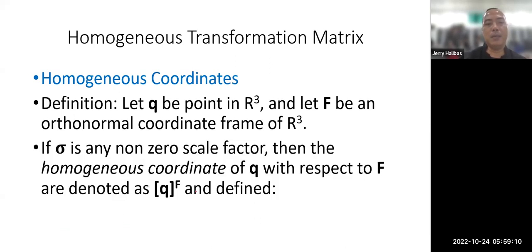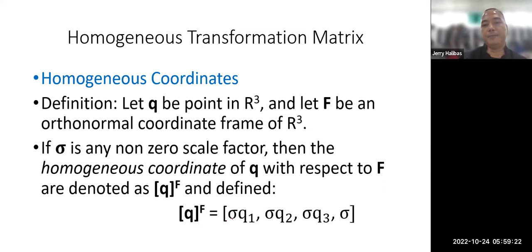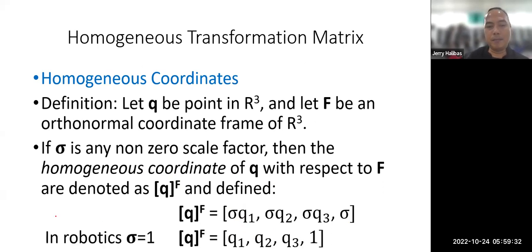So if sigma is any non-zero scale factor, then the homogeneous coordinate of Q with respect to F is denoted as sigma Q1 comma sigma Q2. So it becomes four. Okay, four. Then, in robotics, for simplicity, you just use sigma equal to 1.